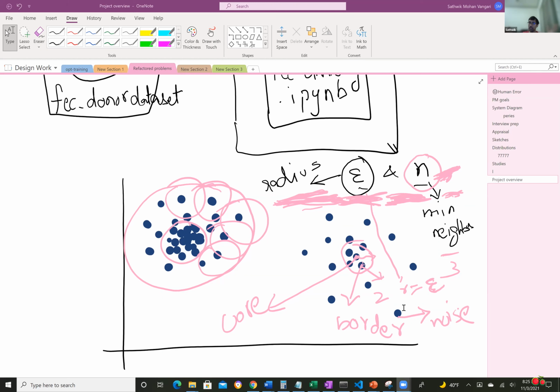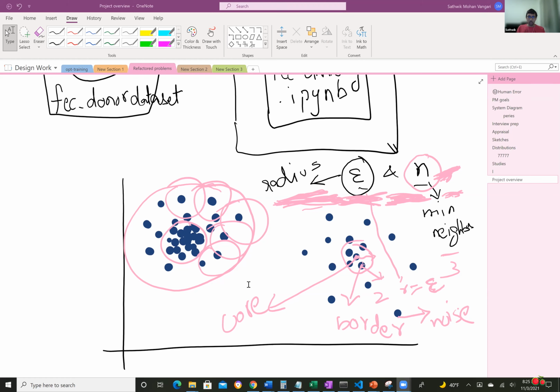And once every point is labeled by the model, that's when the algorithm stops, right? With DBScan, it doesn't need to cluster every point. So some points will be left unlabeled, and those unlabeled points are unofficially labeled as noise, right? They don't belong to any specific group that can be seen in the data set.